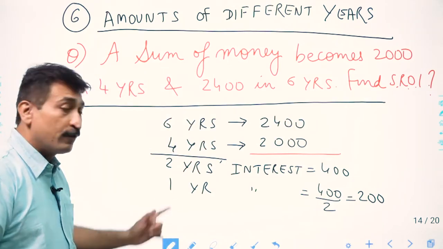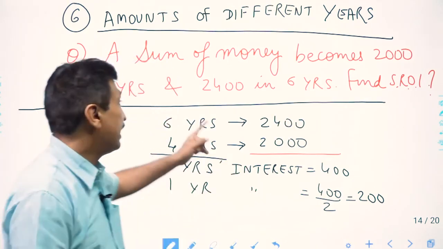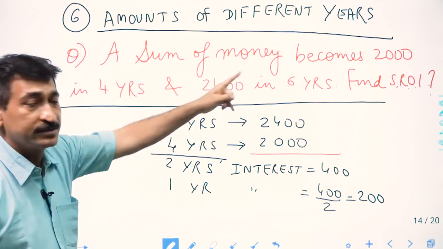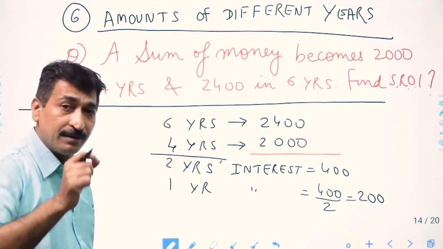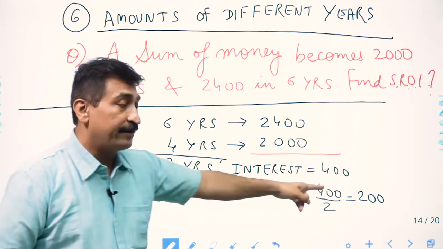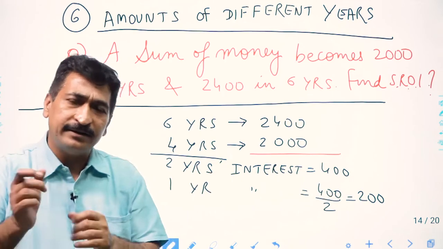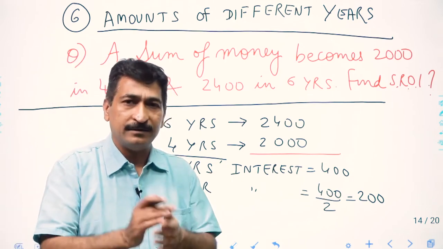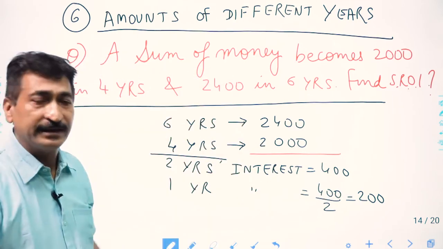Now if you want to calculate principal, you have amount of 4 years, 2000 in 4 years. When you have amount of 4 years and you have interest of 1 year, let us calculate interest of 4 years and we will subtract it from 2000 and we will get the principal.